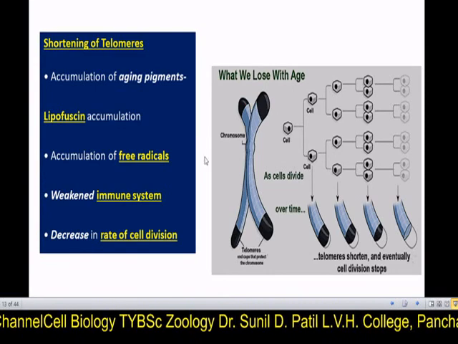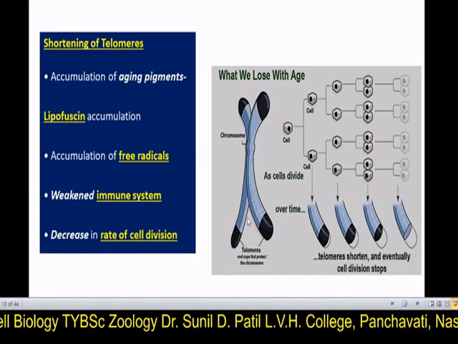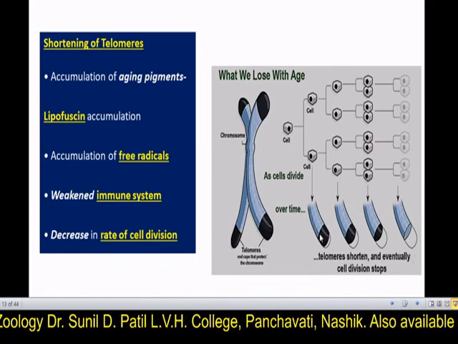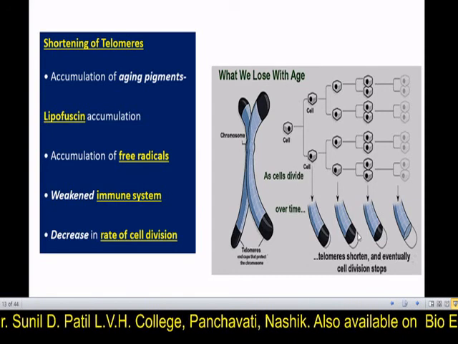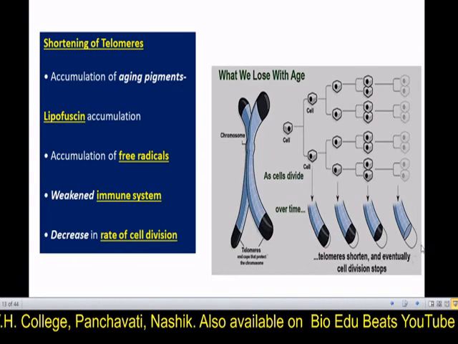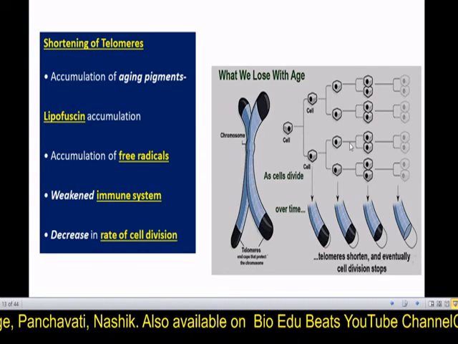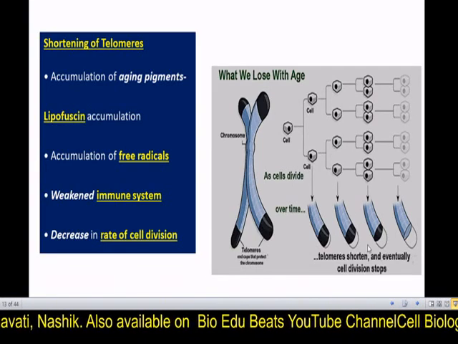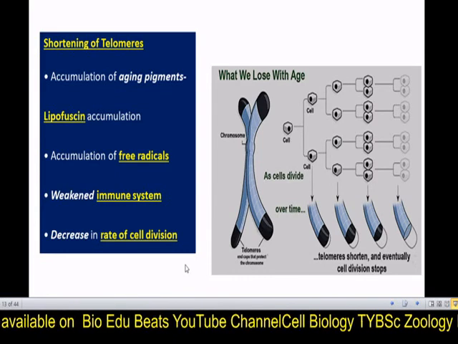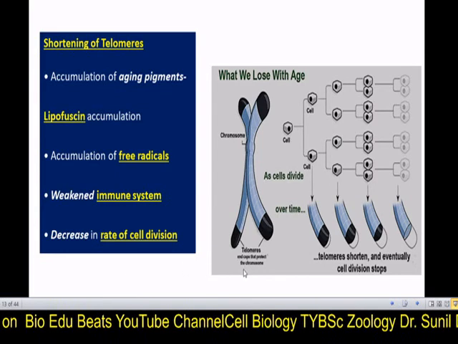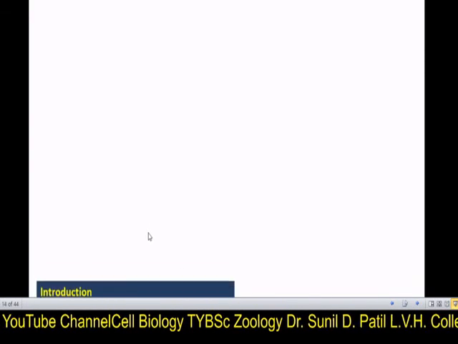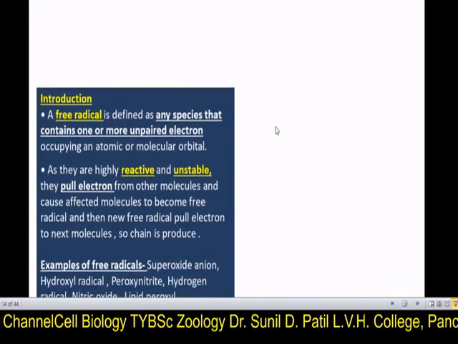Lipofuscin accumulation at one end, then free radical attack on that part, then there is a weakened immune system. So you can see there is telomere shortening, eventually cell division gets affected, it may stop. So it is an important effect. The telomere end, which caps and protects the chromosome, gets unprotected and it causes different effects.